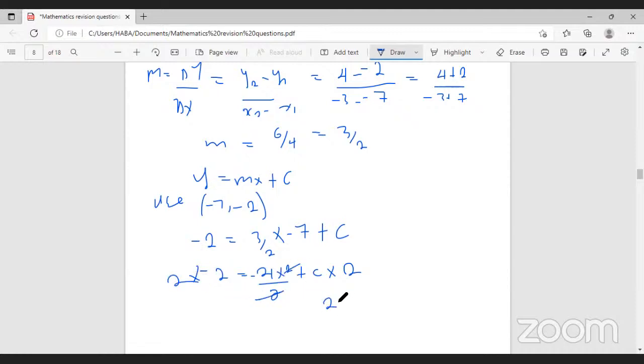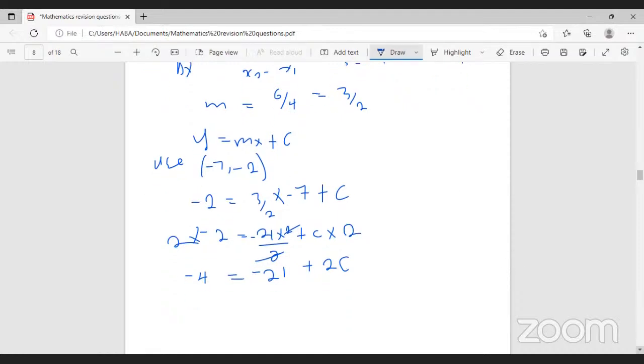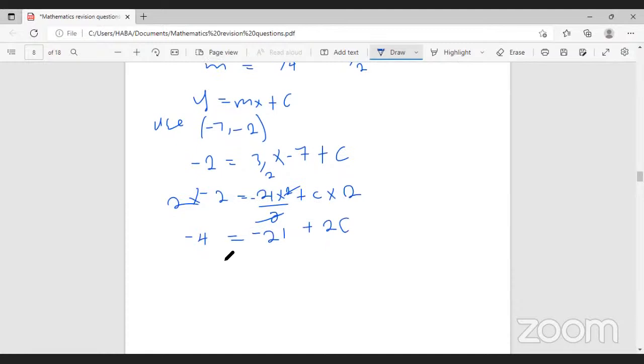So we have 2c, 3 plus 2, -21 is negative 4. Negative 4, are we there? 21 is equal to 2c. Yes, we are there.